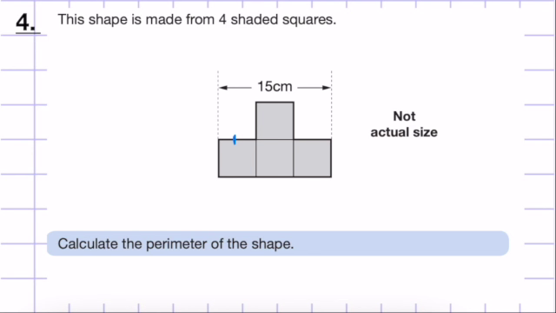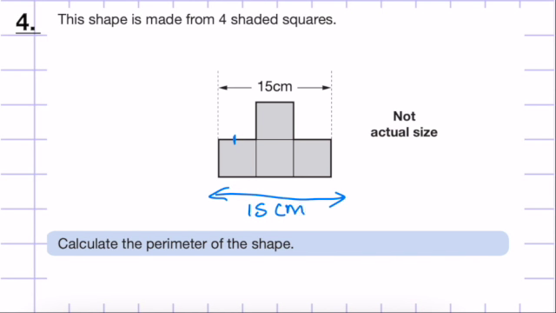So, pause the video for a second and see, can you work out what one side of each square measures? The clue is up here, in that those 3, it's 15. Pause the video. Okay, so these 3 here altogether are 15 centimetres.